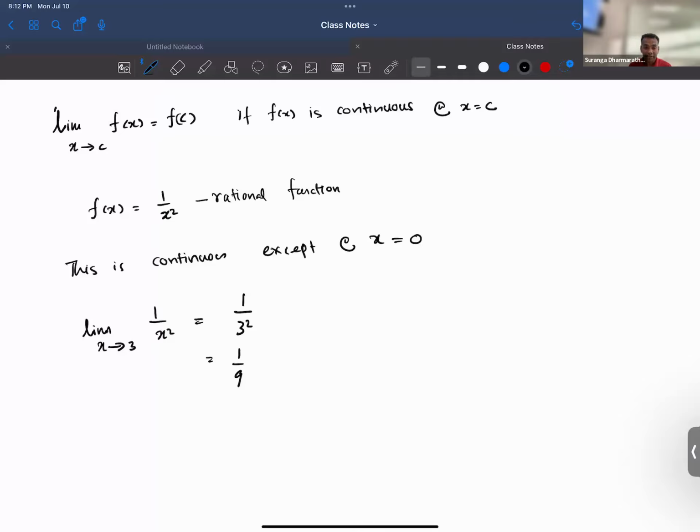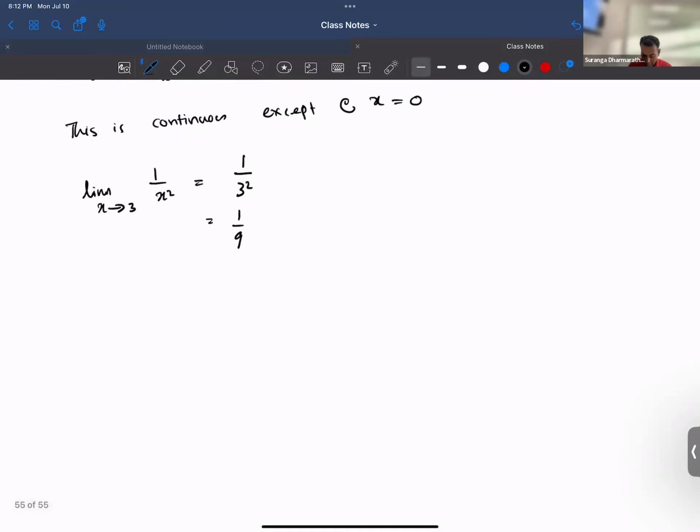Let's take another example. Consider the limit as x goes to 4 of x squared minus 16 divided by x minus 4. What's happening there?